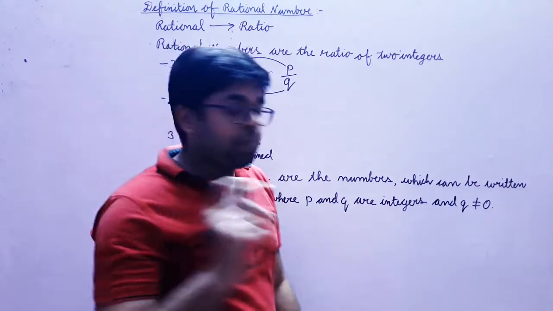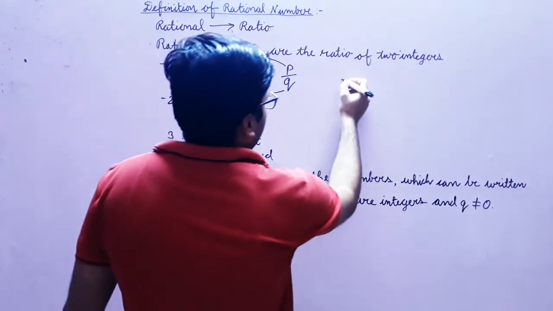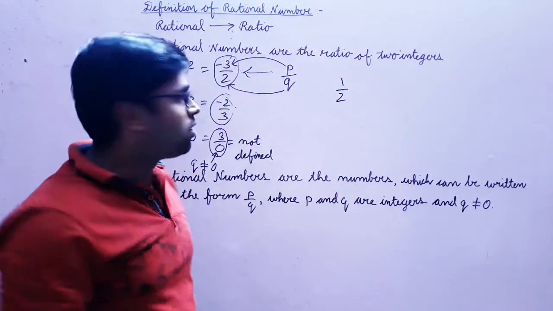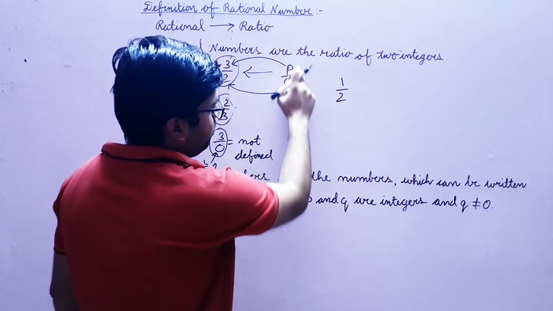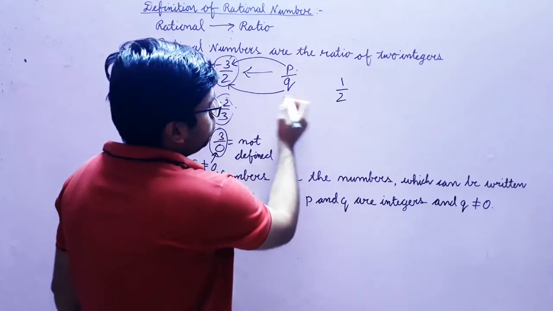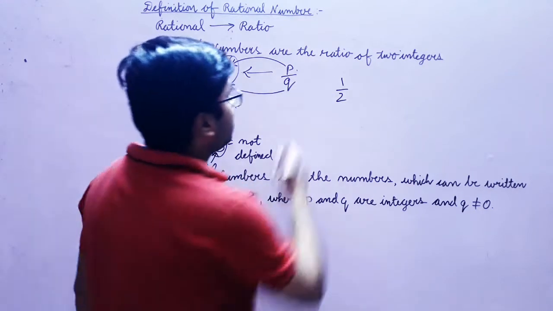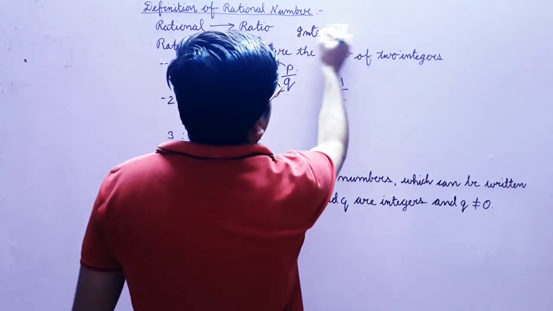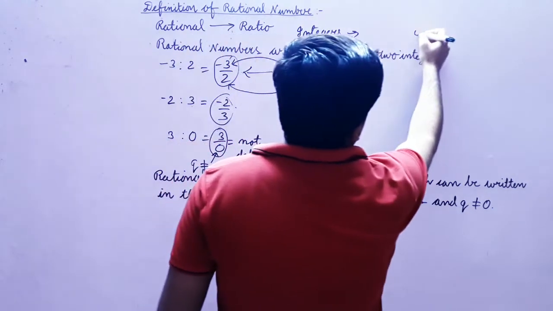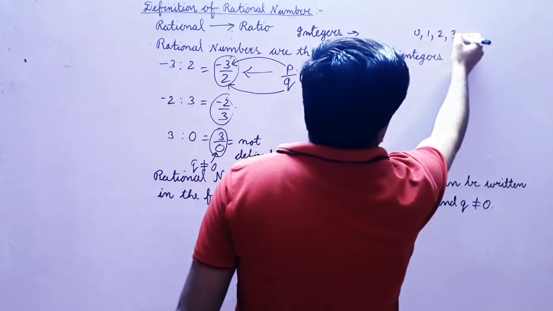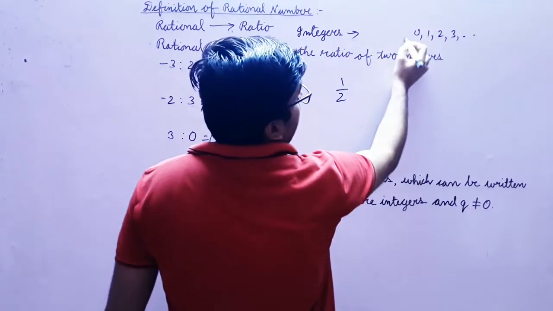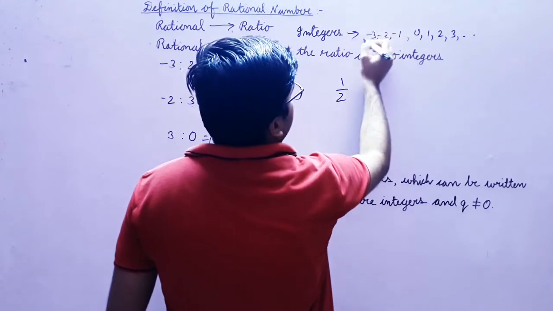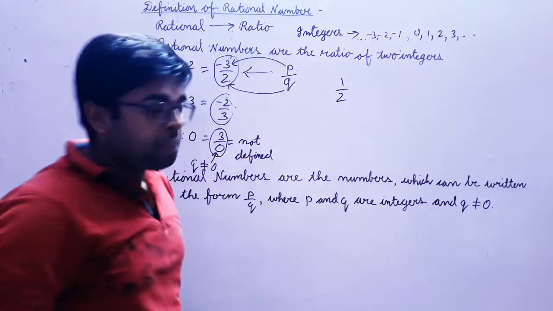For example, 1 by 2 is a rational number. Why? Because it is in the form P by Q, where P is 1, Q is 2, both are integers. We have already seen that integers are numbers like 0, 1, 2, 3, etc. up to infinity, and minus 1, minus 2, minus 3, etc. up to minus infinity.